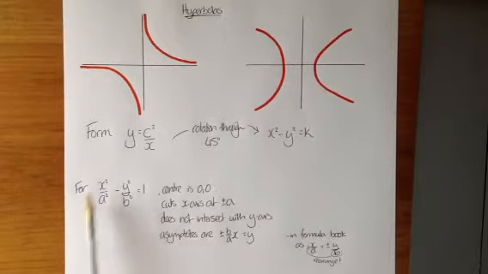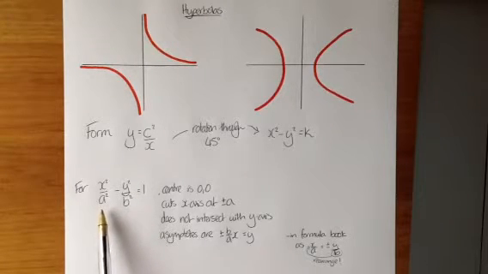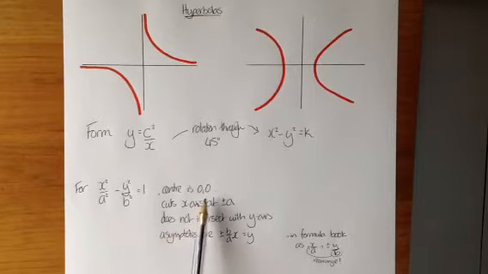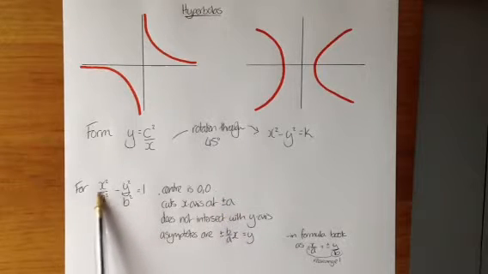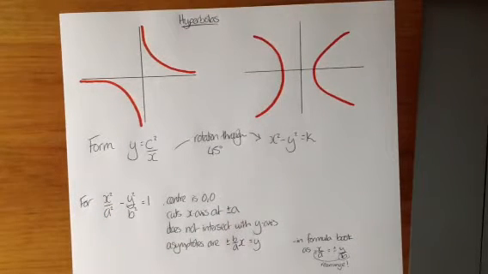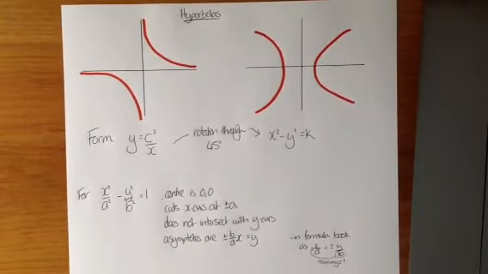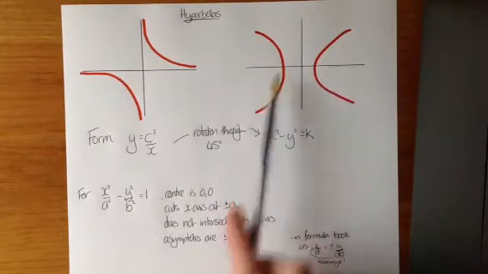So a reflection in the y-axis, effectively. For the general form, x squared over a squared minus y squared over b squared equals 1, the centre's 0, 0. It cuts the x-axis at plus and minus a. So whatever this value is on the bottom in your equation, you're going to want to square root it. That's the two places that it cuts the x-axis, here and here.